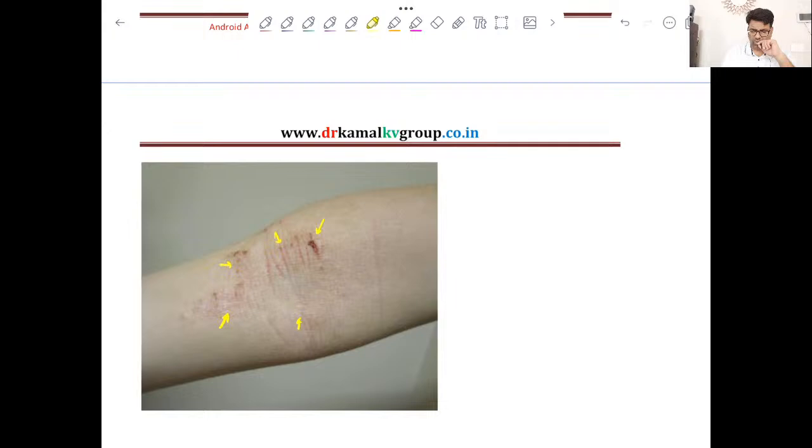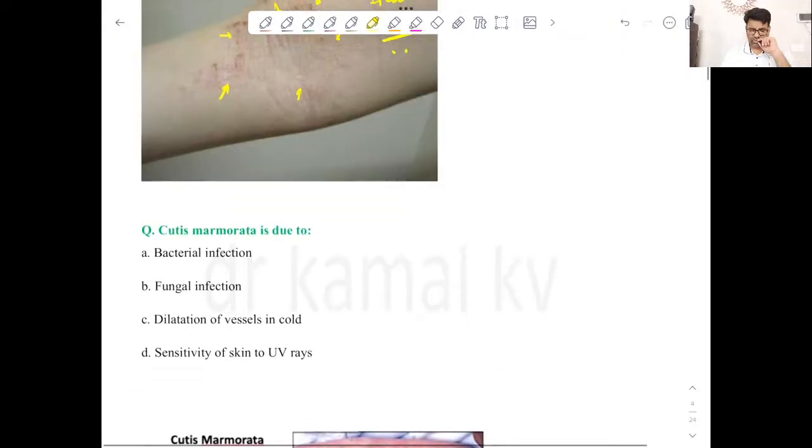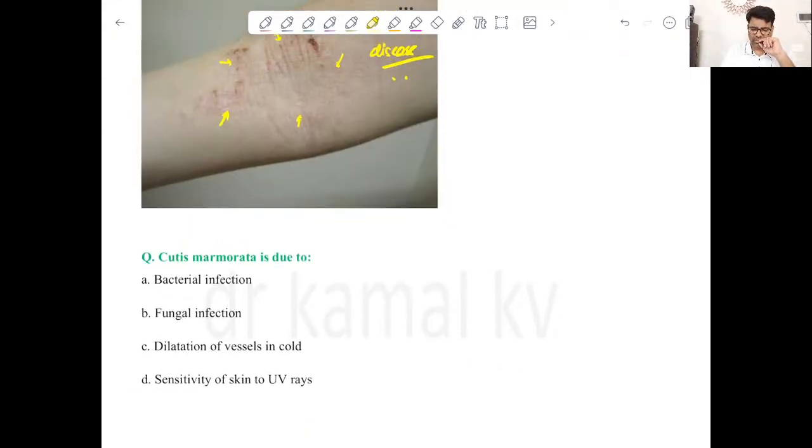And therefore we call this condition itch disease, because there is so much of itching, especially in the cubital fossa or the popliteal fossa.